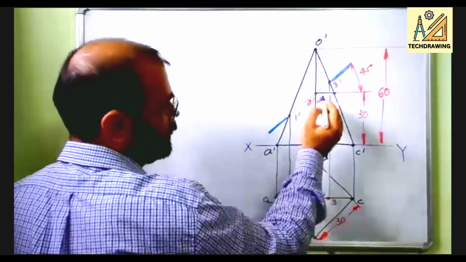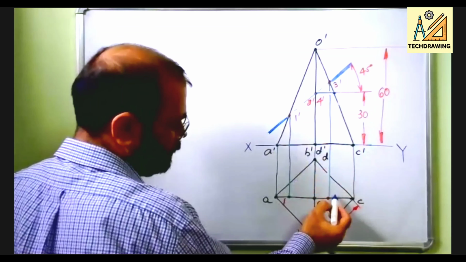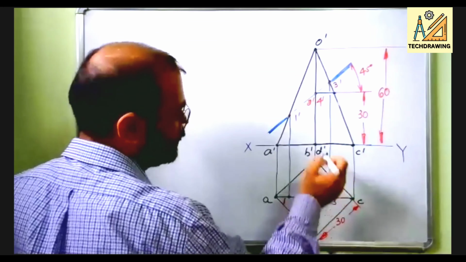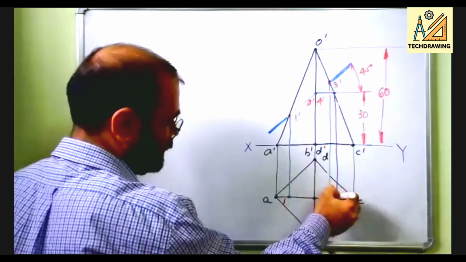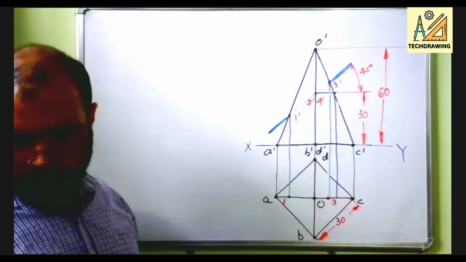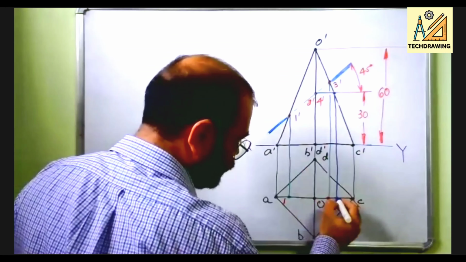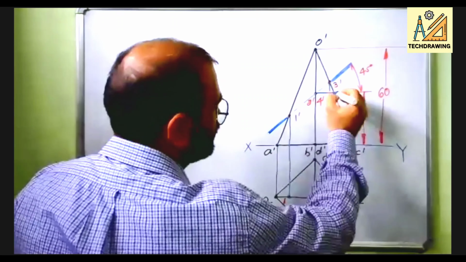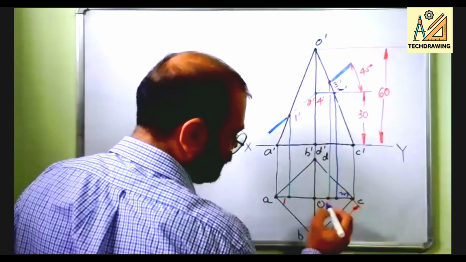From here, you draw a vertical projection line on OC, like this. Now, wherever it is intersecting this OC, let us name this as M dash, and let us name it as M.